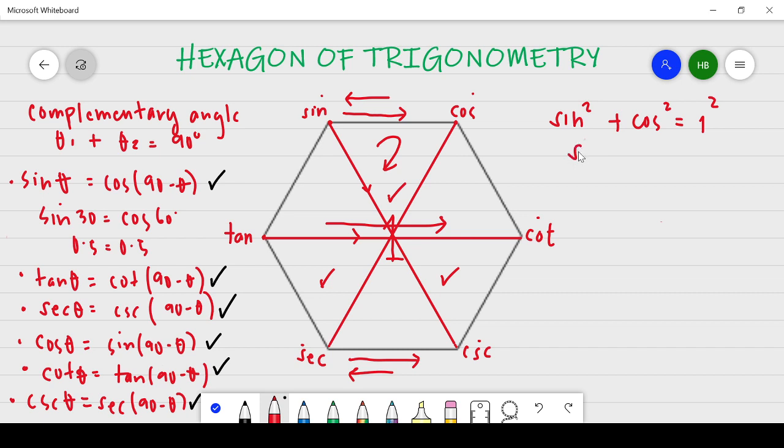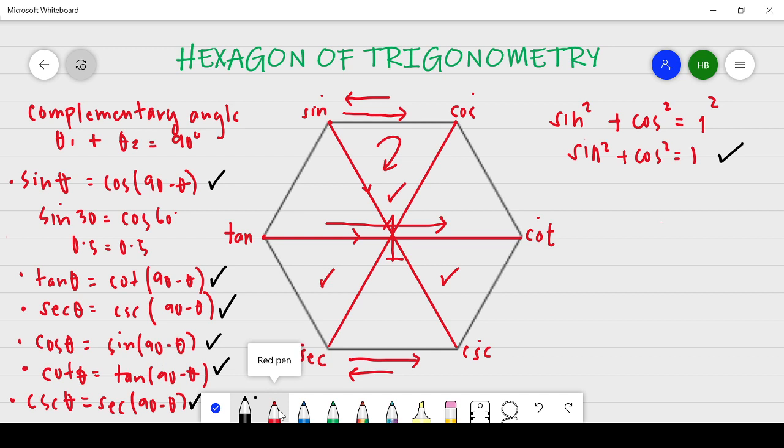And of course, that will be sine squared plus cosine squared is equal to 1. And that is an identity that we all familiar with. Okay. So yun, may na-derive na tayong identities at madaling tandaan using the hexagon of trigonometry.